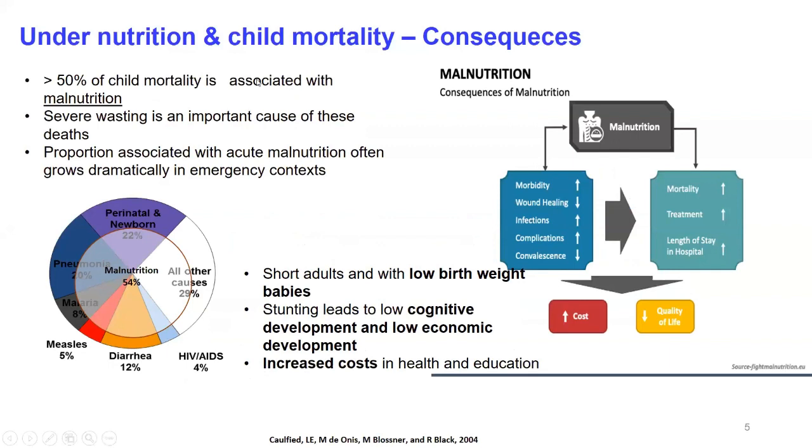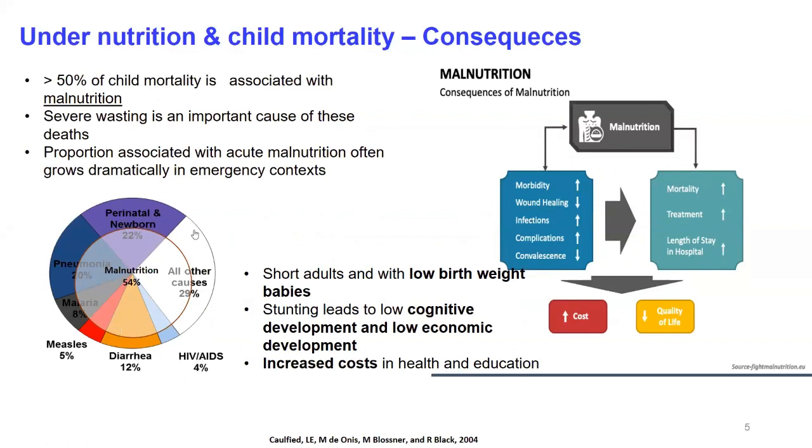So undernutrition and child mortality has important consequences, which most of you may already be aware of. But to emphasize, if you look at this as circular, we have important causes that are key in terms of death in children: pneumonia, perinatal newborn causes at 22%, malaria, measles, diarrhea, HIV/AIDS, and other causes.